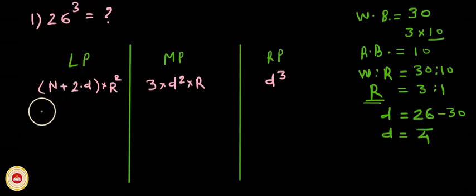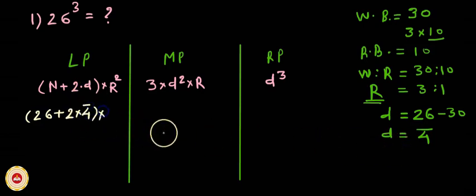Let us calculate. N is 26, plus 2 times d. What is d? Negative 4, multiplied by r squared, ratio r squared. What is r? 3 to 1, that means 3. 3 squared.